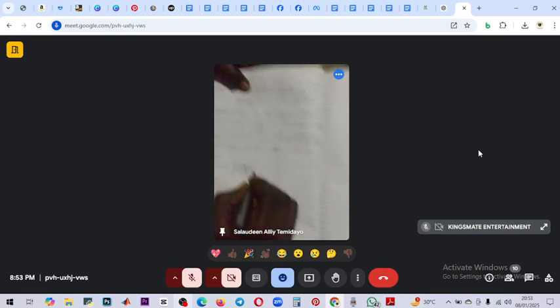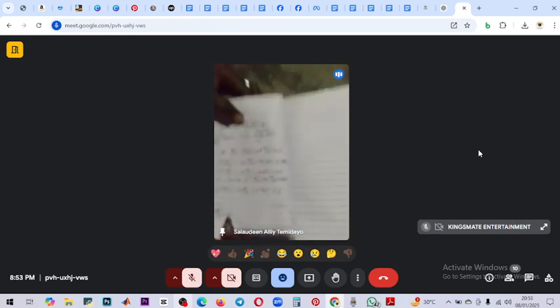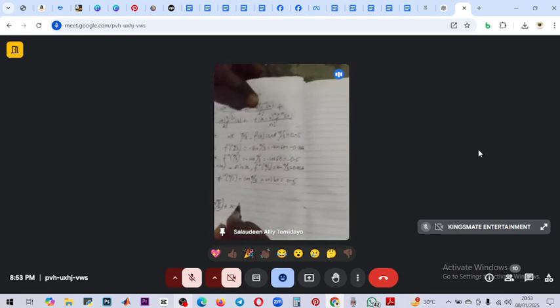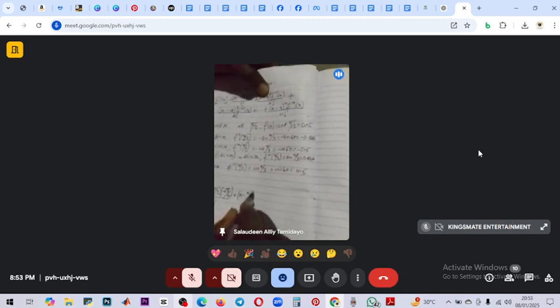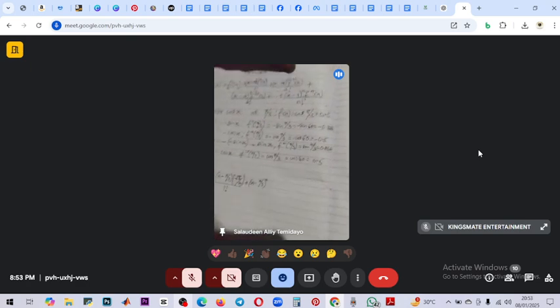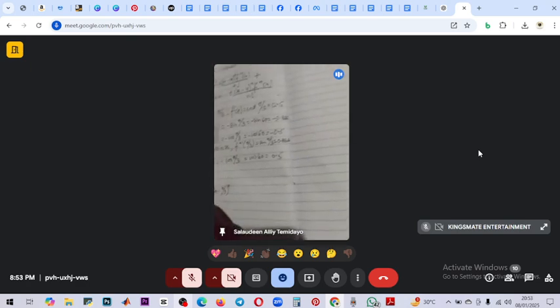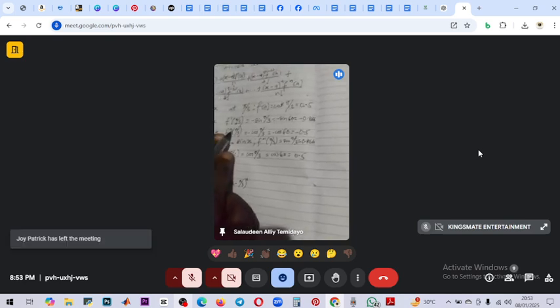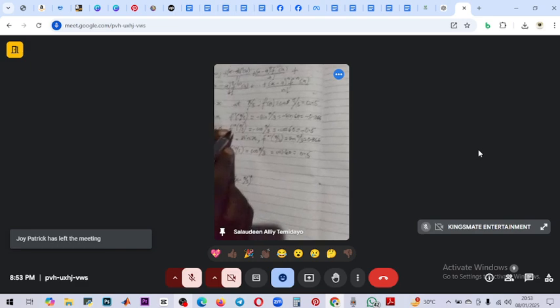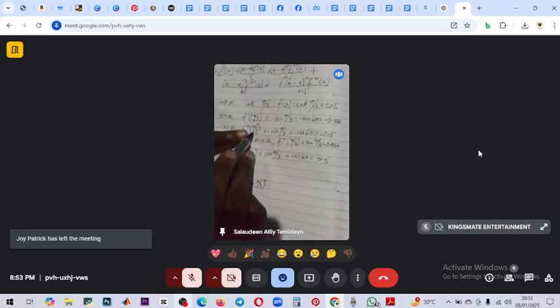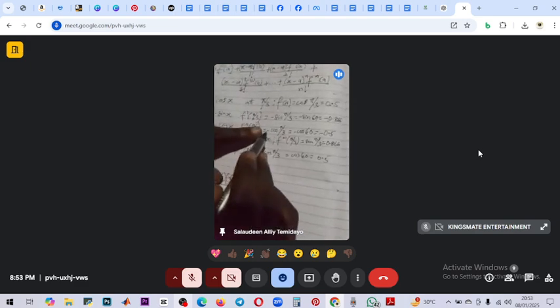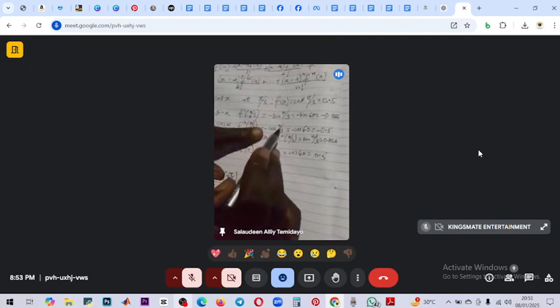Now plus (x minus a) all squared. What is a? Pi over 3, that quantity squared, times f double prime of a. F double prime of pi over 3 is equal to minus cosine pi over 3.